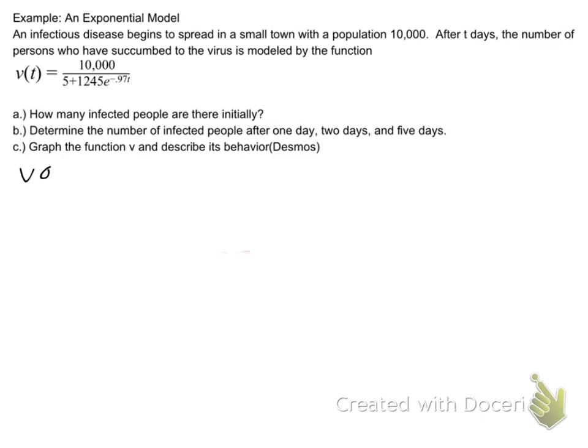So V of 0 will equal 10,000 over 5 plus 1,245 e to the negative 0.97 times 0. Anything times 0 is 0. So now you have e to the 0, which is 1. And 1 times 1,245 is 1,245, plus 5.